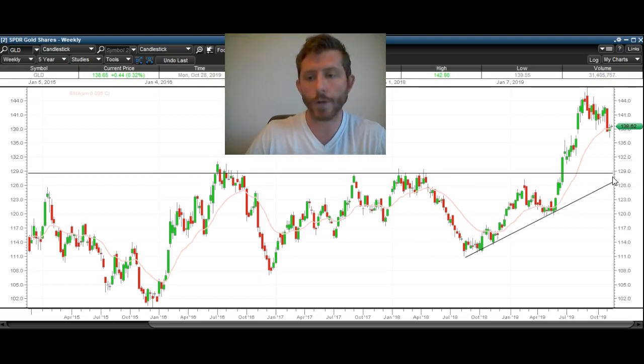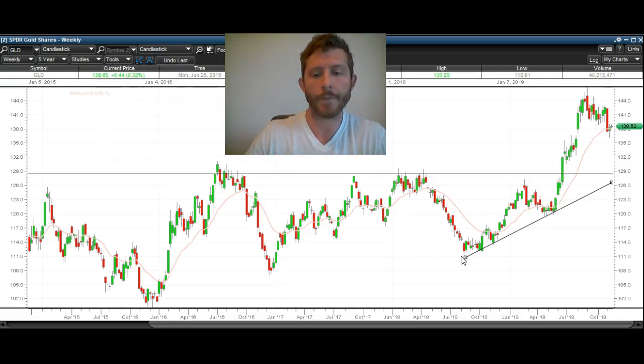So we've got 129 to 127, and by the time gold would get down here, and again, I'm not saying gold is heading this low, I am only saying that if it does, this would be a great buying opportunity. We've got this previous resistance, which is now support, lining up with this beautiful uptrend. You can see several bounces right here, and that lines up perfectly right there.